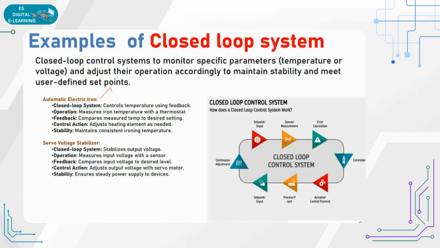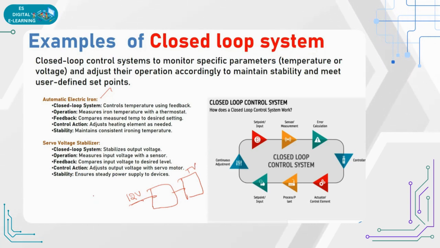And a servo stabilizer is another. Whatever voltage you give to the system, the voltage will be set and adjusted again. Suppose you have a stabilizer at home, and you give it 24 volts. It will give 12 volts to the TV, because it should be stabilized.